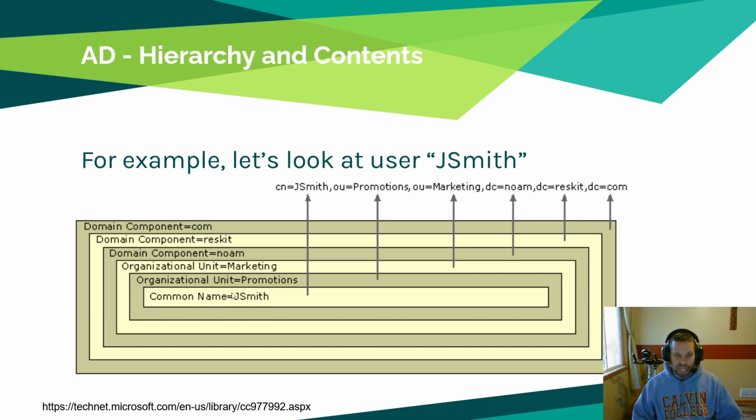So common name, we saw that was referred to as CN. Common name J Smith. So CN equals J Smith, comma, organizational unit of promotions, so OU equals promotions, organizational unit marketing, OU equals marketing, domain component noam, and we already talked about the domain component stuff, so I just put it on there, DC equals noam, DC equals reskit, DC equals com. So this is our full distinguished name for John Smith in this particular directory.